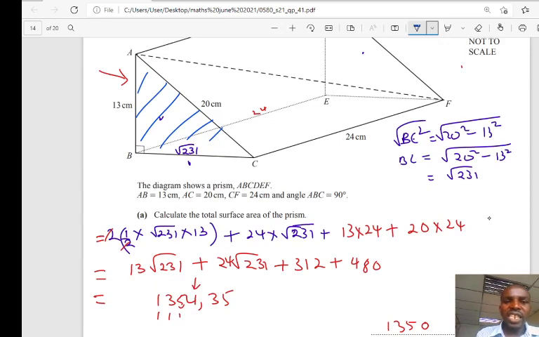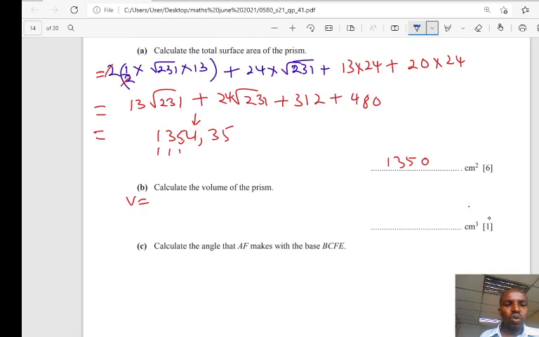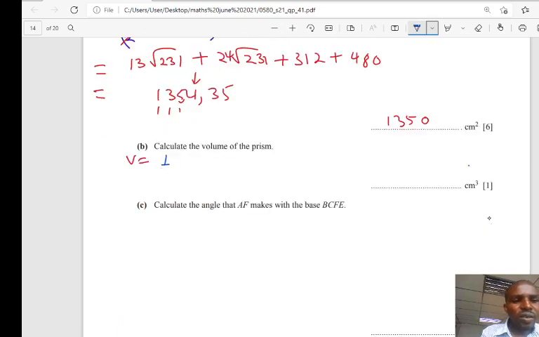Then times length. Length is this one, 24. So it's the area of a triangle times length. That's volume. Half times 13 times root 231, then answer times 24, which is the length. Then that will be your volume.